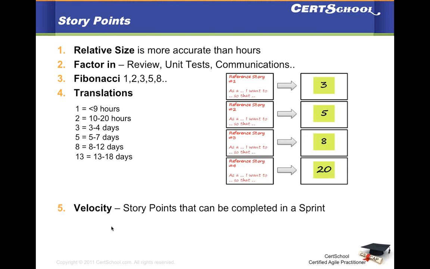So story points make your estimates more accurate. And while you're doing a story point estimate, make sure you factor in all the things that can contribute towards the effort, whether it is unit tests, code coverage, external communication, or internal communication. Just make sure that you factor in all that.